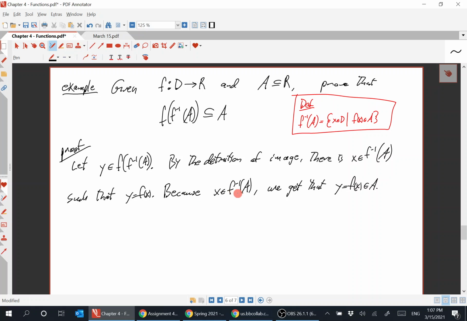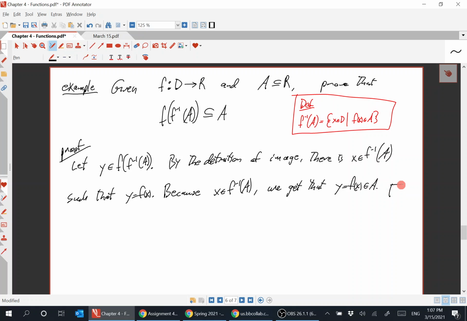But because that inner set is a preimage, when you take that element of that preimage and you hit it by the function f, it goes into the set whose preimage you're looking at, which is A. So y, which was equal to f of x, is an element of A. All right, so we started with y in this, and now we got that y is in A.